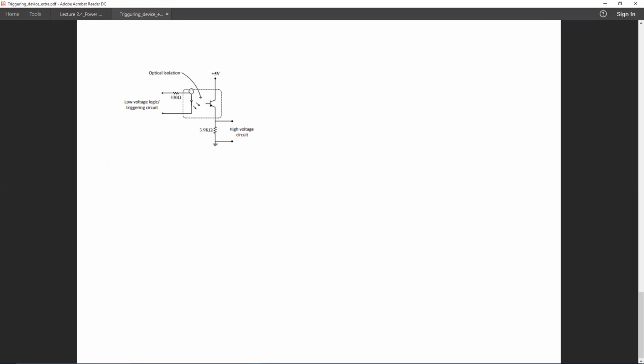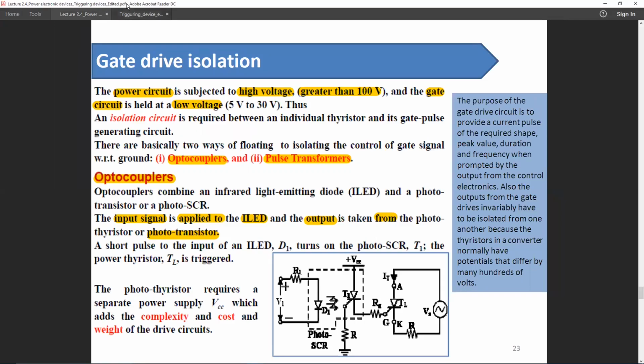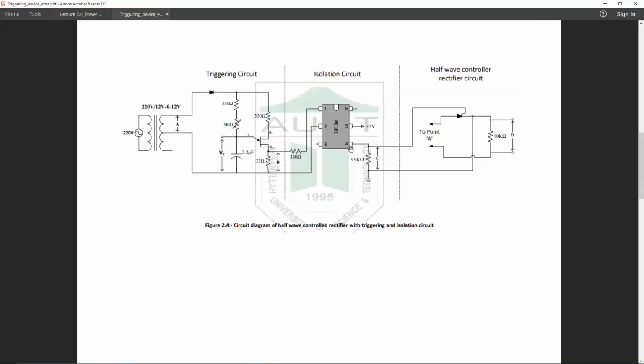So in this input circuit, we are providing a light signal, and this phototransistor is acting like a receiver, and the output of the phototransistor is fed to the main circuit.